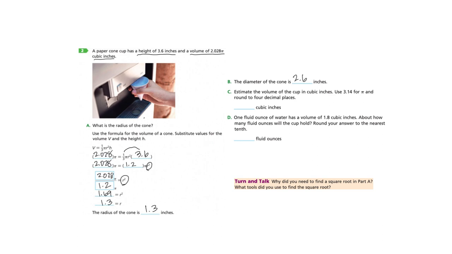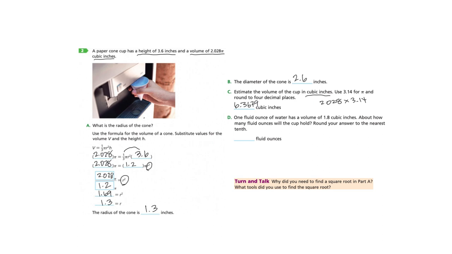Use 3.14 for pi and round to 4 decimal places. So what they're asking you to do here is they give you the volume in terms of pi, so they just want you to multiply 2.028 times 3.14, and that will give you the answer of 6.3679, which is a lot of decimal places.